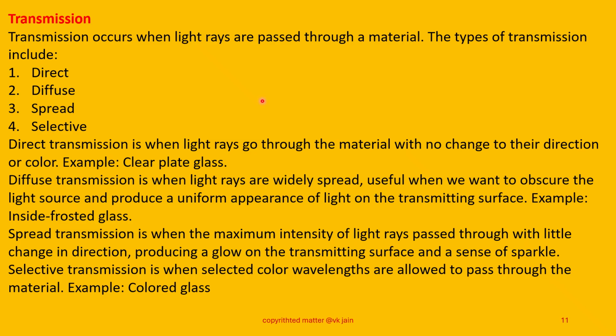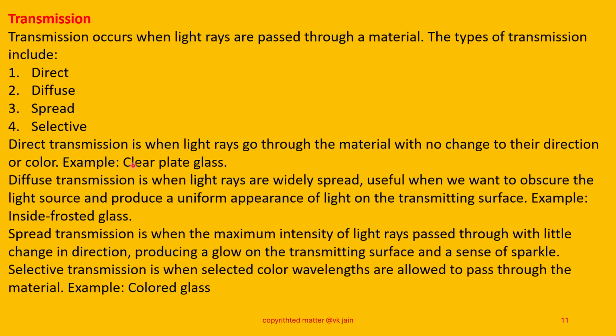Friends, now we are moving on to transmission after having discussed reflection. Transmission occurs when light rays pass through a material. The types of transmission include direct, diffuse, spread and selective. Direct transmission is when light rays go through the material with no change in their direction or color.